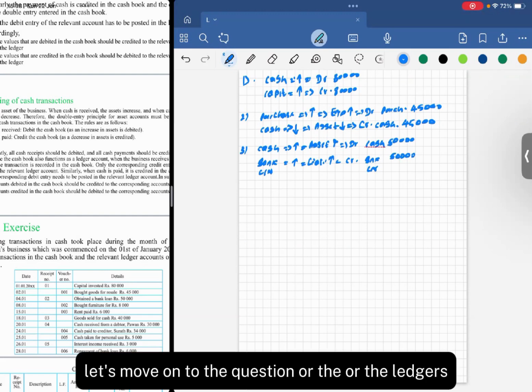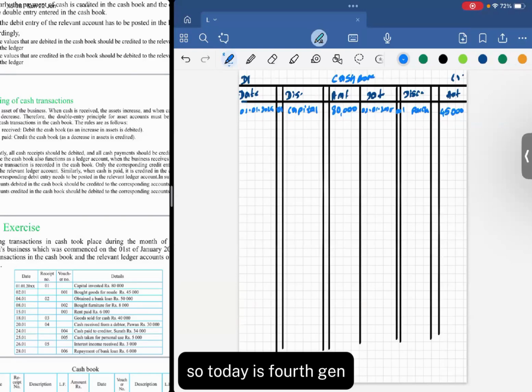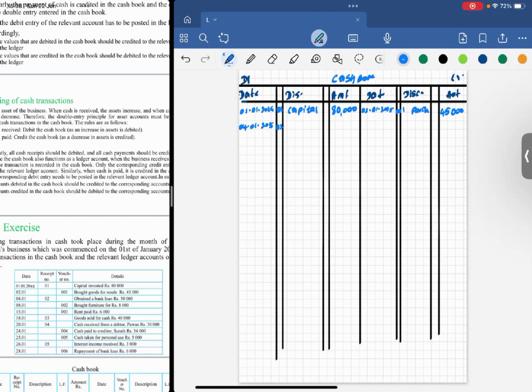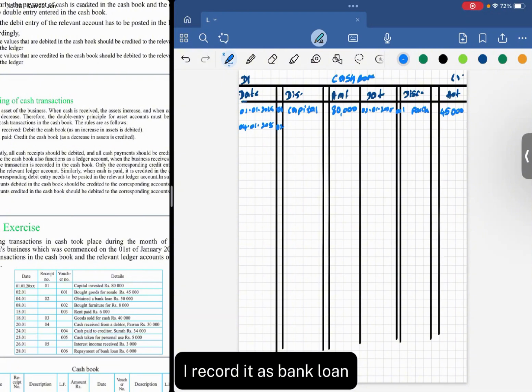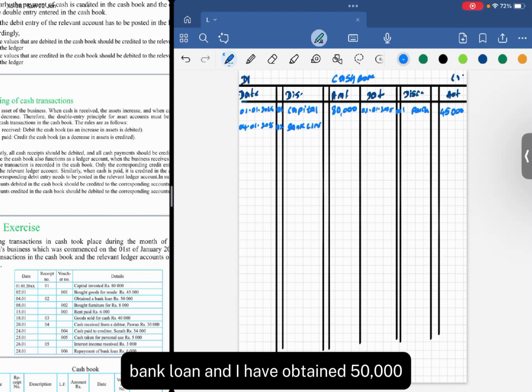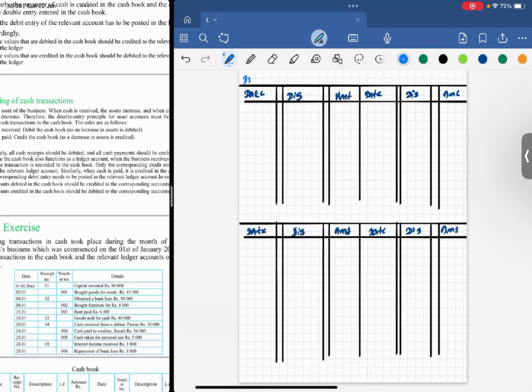Let's move on to the ledgers. So today is 4th Jan. The receipt number is 2. I record it as bank loan, and I have obtained 50,000. Then we are moving on to the bank loan account.